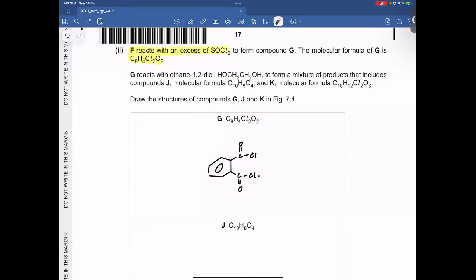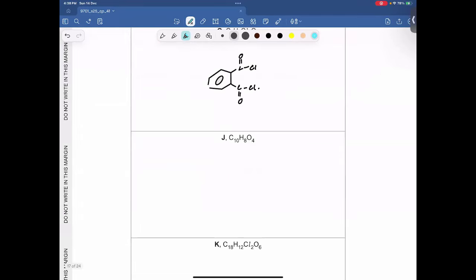Okay. G reacts with ethane-1,2-diol. That's a very tricky part of the question, because G is an acyl halide, and acyl halide can react with alcohol to give an ester, and that gives a mixture of products, and that mixture contains compound J with a molecular formula and K with a molecular formula. And the examiner is looking for the structure of J and K. Oh my goodness, this has 18 carbon atoms.